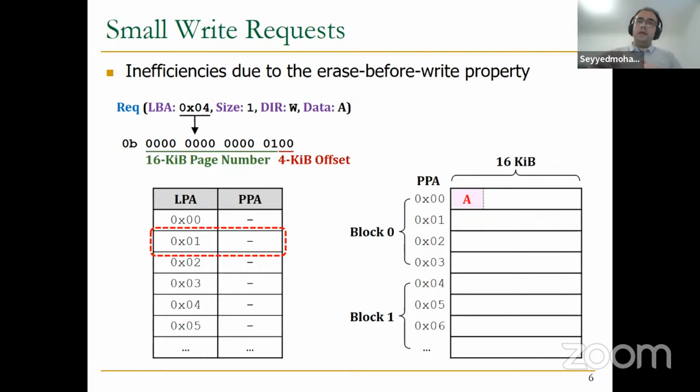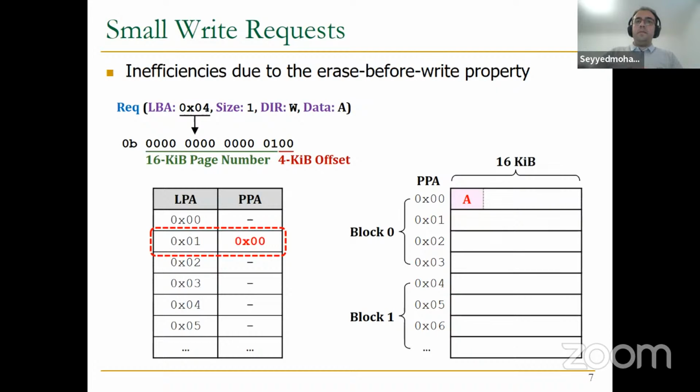So the FTL suggests the first free page, which is physical page address 0 in block 0. And then we write A, right? So here you can see that we keep the offset, right? Since the offset was 0 in our request, we also write the A exactly in the offset 0 in that physical page address.